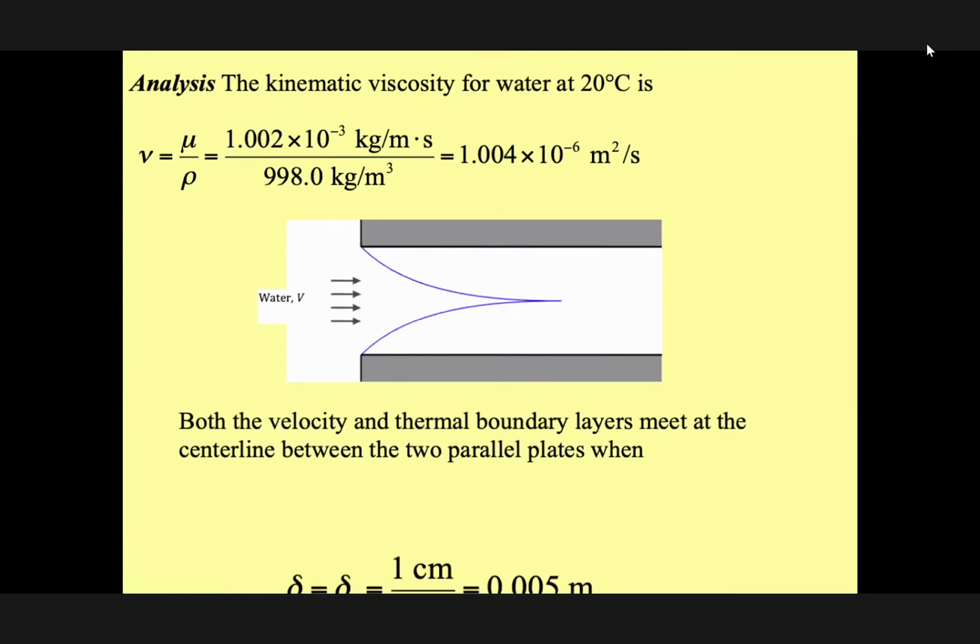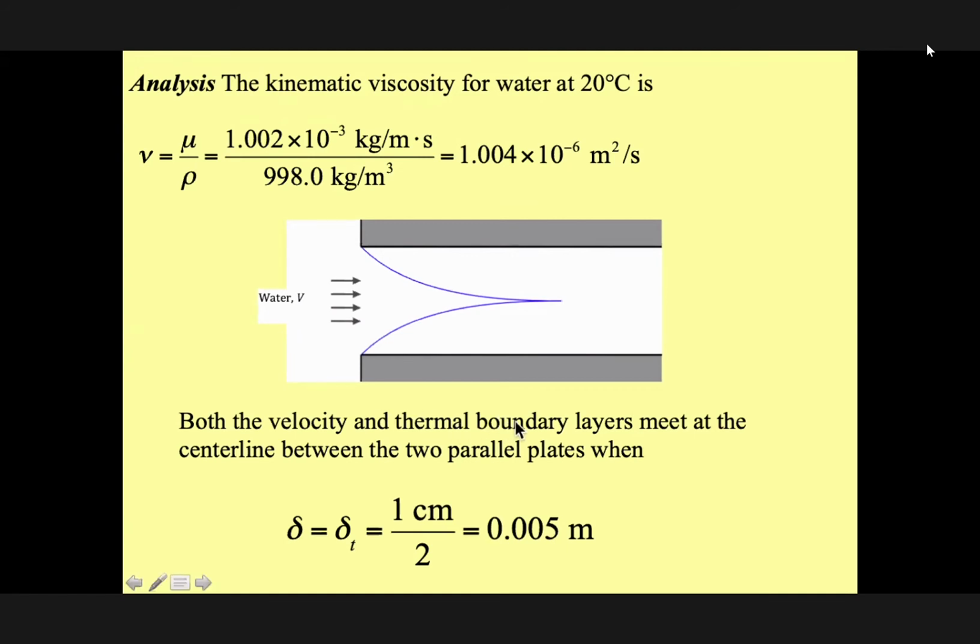As we discussed, both velocity and temperature profiles meet at the center between the two plates, and at that place the thickness is equal to 1. It doesn't mean both of them will be at the same point. No, they will not be the same. Eventually the temperature and the velocity meet, probably the velocity here, the temperature here. We are trying to find this thickness.